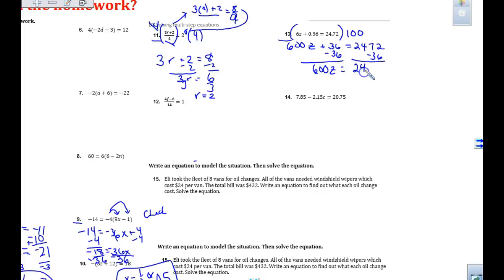I think I did the problem. Okay, that's okay. Put in 2472 minus 36 for me. So it should come out to be 24. You checking it in right? I typed it in.